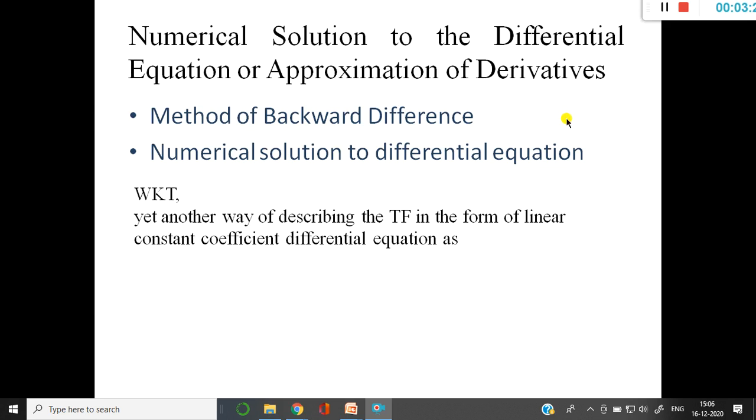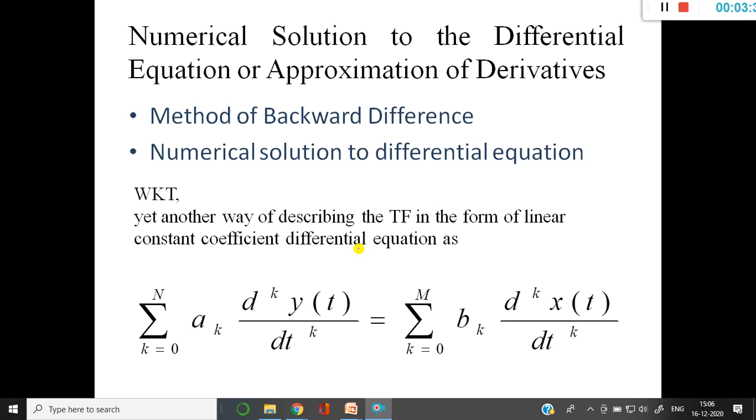For such equations, we derived the output, or the solution, in the form of natural and complete solution, right? If I want to represent it, I will represent my equation in this form, where a_k and b_k are the coefficients, y of t is my output and x of t is the input. So this is a series of summation terms: dy by dt for single order, or d square y by dt square if it is second order, and similarly if the input is of second order, d square x by dt square.